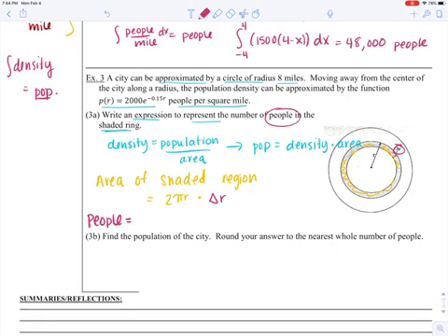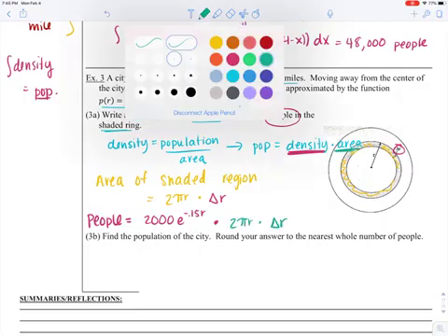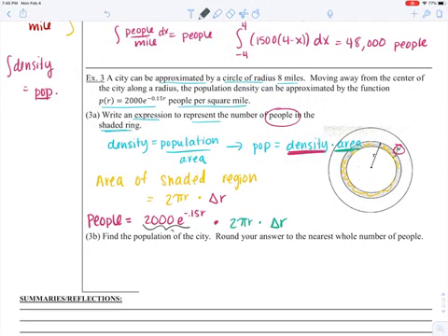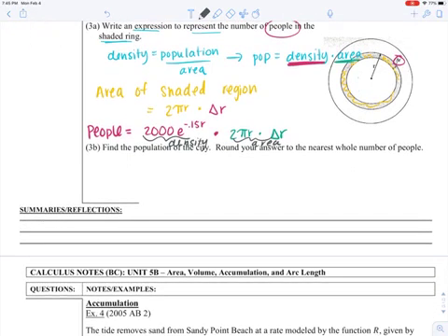I'm going to now find a way to represent people. People should be 2,000 e to the negative 0.15r. That's my density. And we're going to multiply it by the area, which we said was 2 pi r delta r. So I'm literally saying in this expression, this is density, and this is the area of the ring, okay? Now, when I want to apply this to find the actual population, we need to know from where to where.